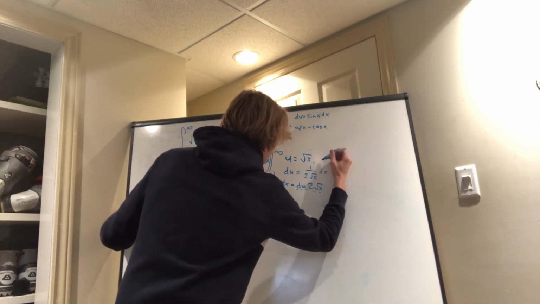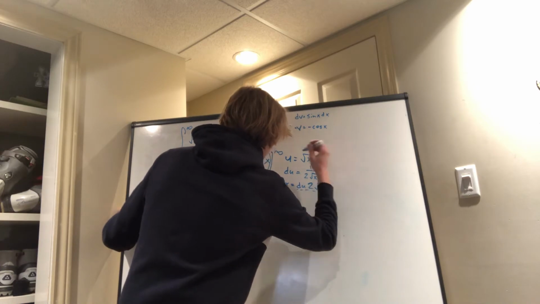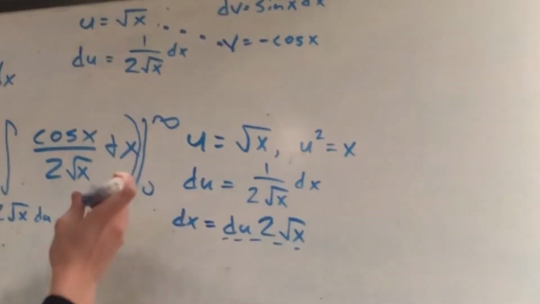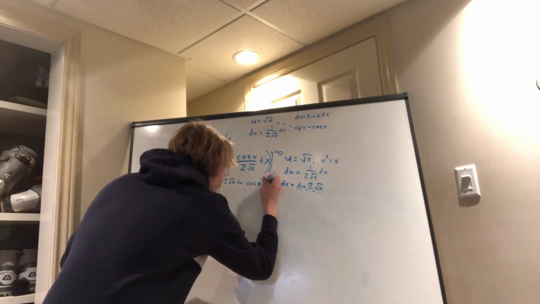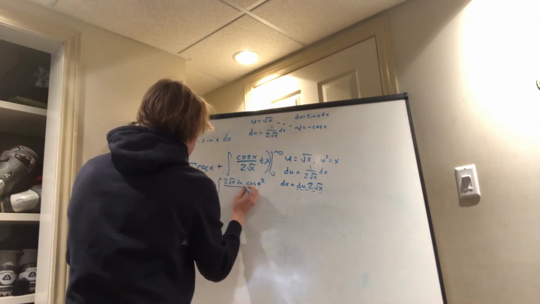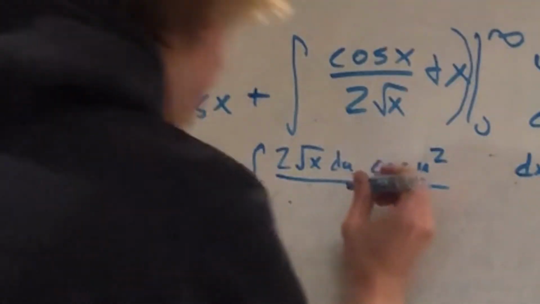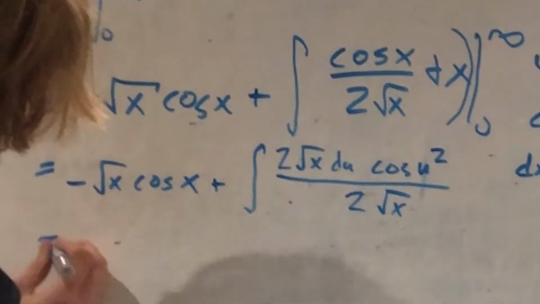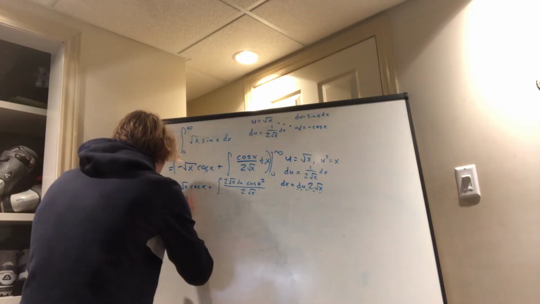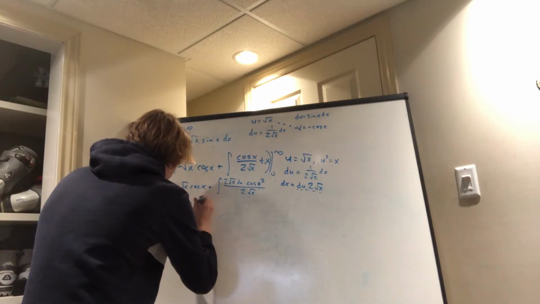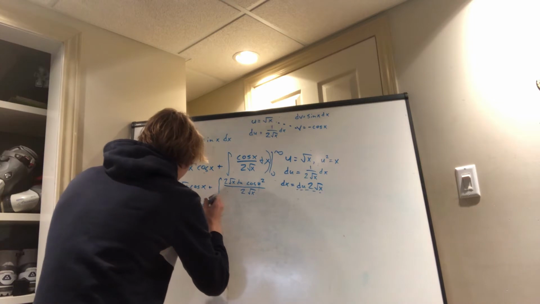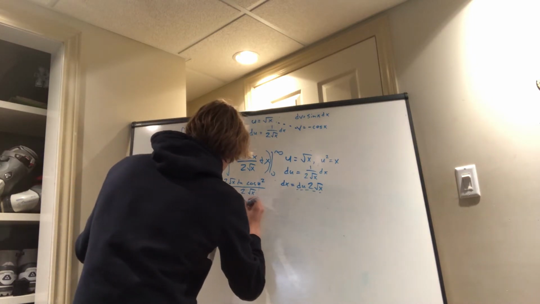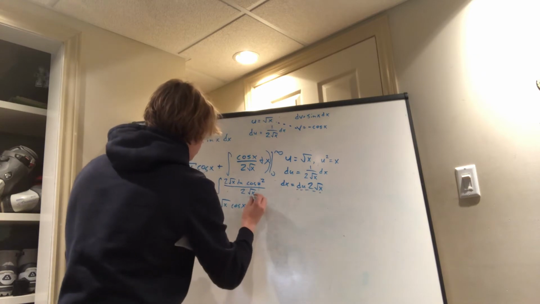This means that u, if you square them both, u squared equals x. So it's going to be cos u squared all over 2 square root x. So then we're going to get the integral of cos u squared du minus square root x cos x, all from 0 to infinity.